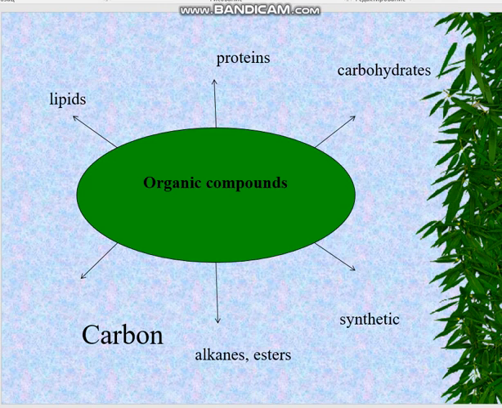The most important thing about organic and inorganic compounds is that organic compounds always contain carbon. Organic substances are often natural in their origin. There are lipids, proteins, carbohydrates, but they can be man-made, such as alkanes, esters. Man-made means synthetic, that we produce in the laboratory.